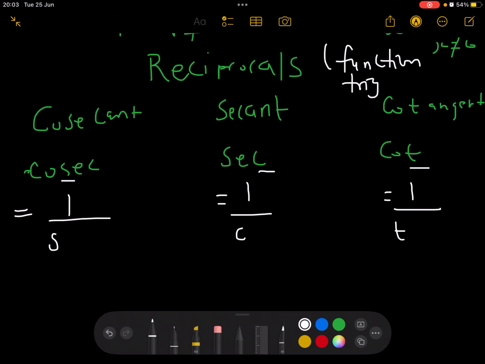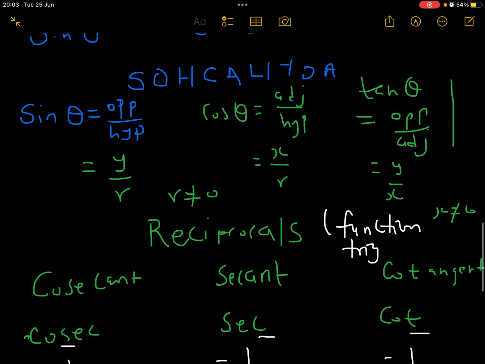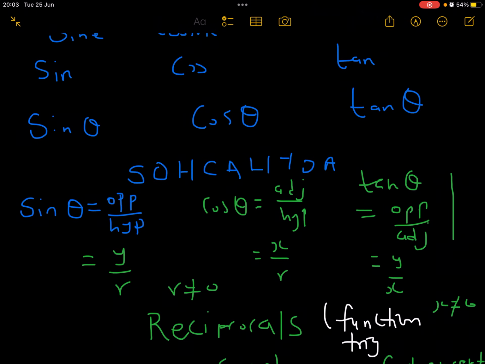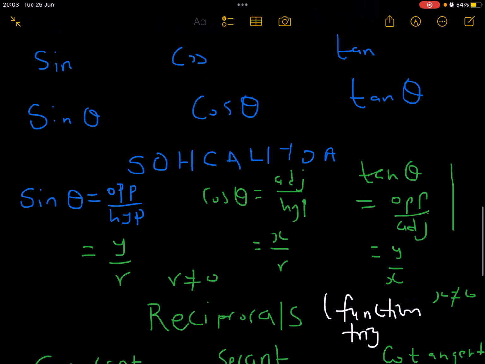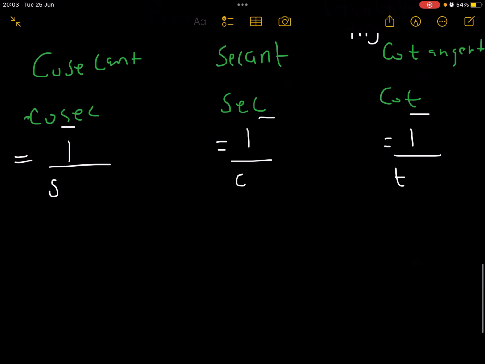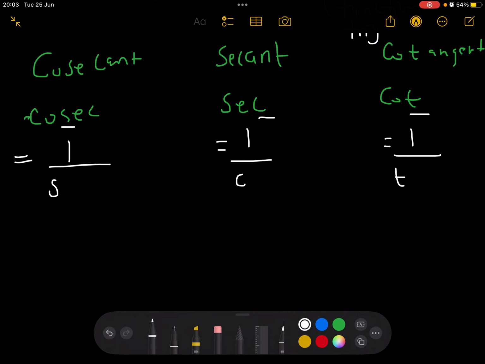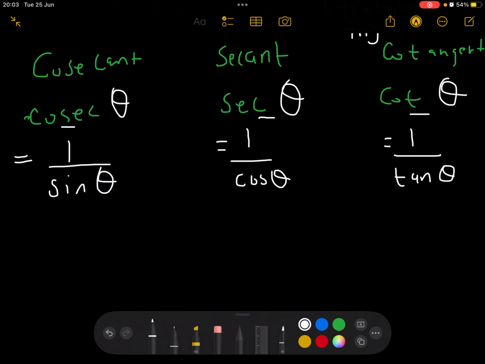So they follow the rules of these trig functions: sine, cos, and tan. They will also follow the terminal ray with an angle theta. So this is 1 over sin theta, this is 1 over cos theta, and this is 1 over tan theta.